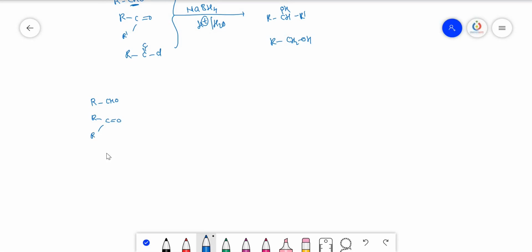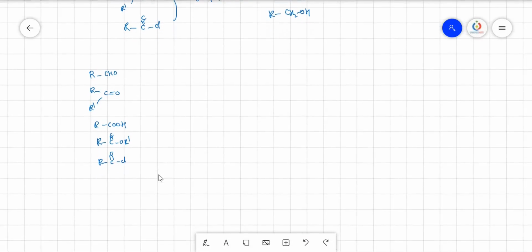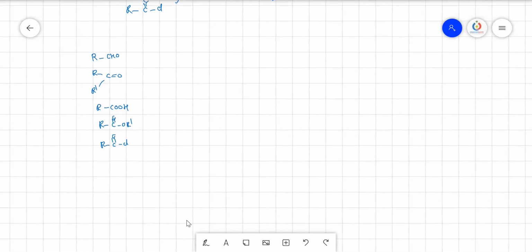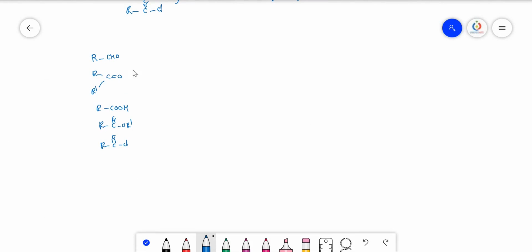You have to remember these: ketone, carboxylic acid, ester, acid chloride. It reduces all these functional groups to alcohols. Which one? Lithium aluminum hydride.